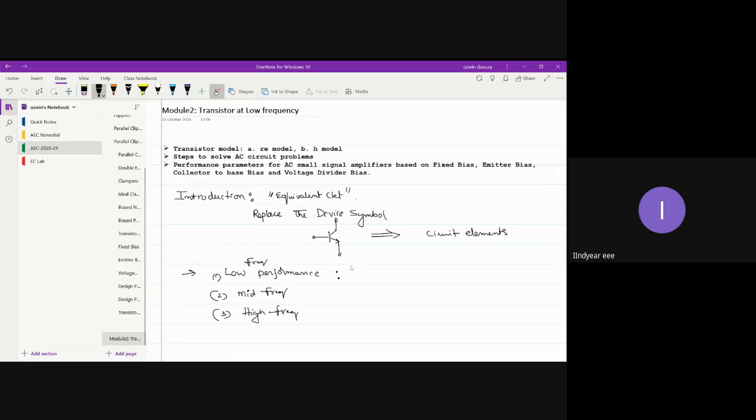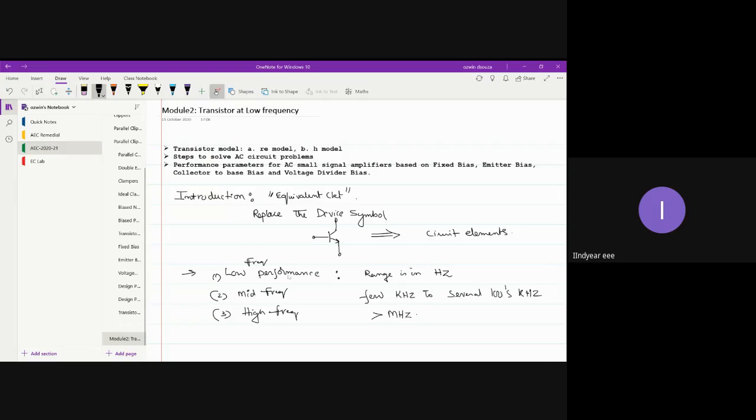Low frequency range is normally in hertz. Mid frequency is from a few kilohertz to several hundreds of kilohertz. And high frequency is anything greater than megahertz. This is the widely accepted frequency classification.